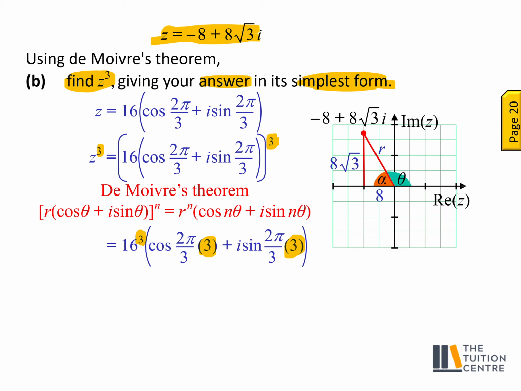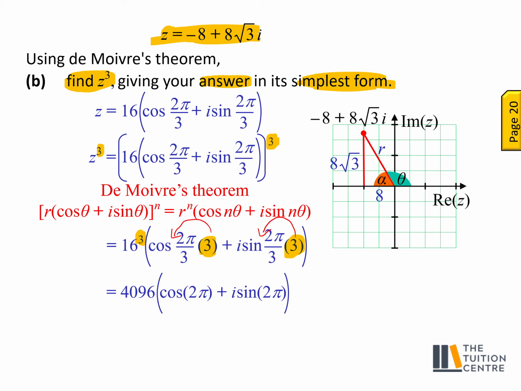So it's 16 cubed times cos 2 pi over 3 multiplied by 3 plus i sine 2 pi over 3 multiplied by 3. You know, you're multiplying the angle by the power. So you're going to get 4096 times cos 2 pi plus i sine 2 pi.